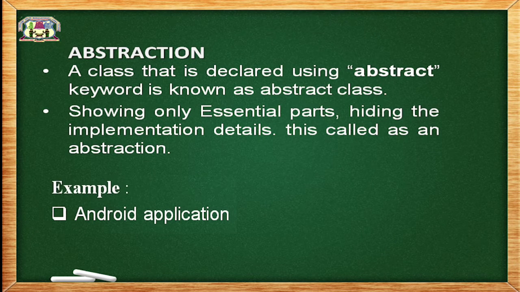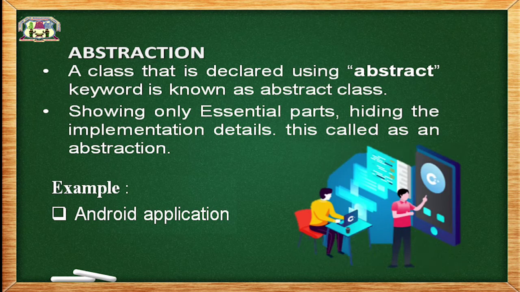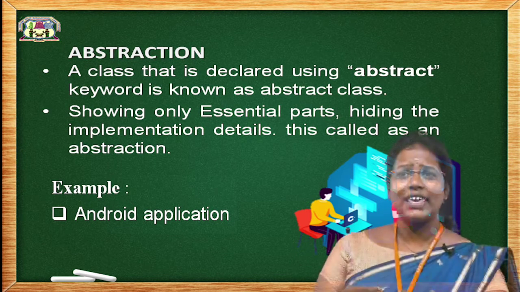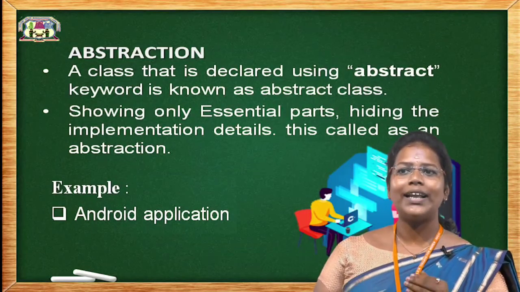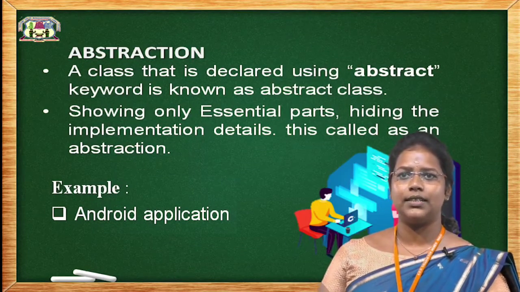If you download an Android application from the Play Store, you get an APK file, or you can download software and get the exe file, and you can run the exe file to use the software. But here we can't see the packages, methods or functions which are used to create the exe file. That means all the implementation part is hidden, and only the essential part is visible, right?